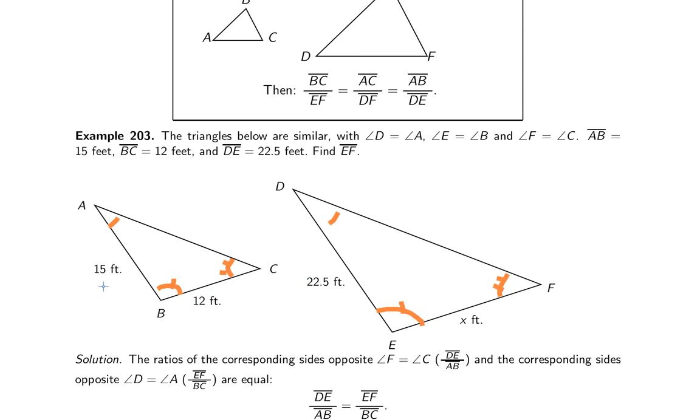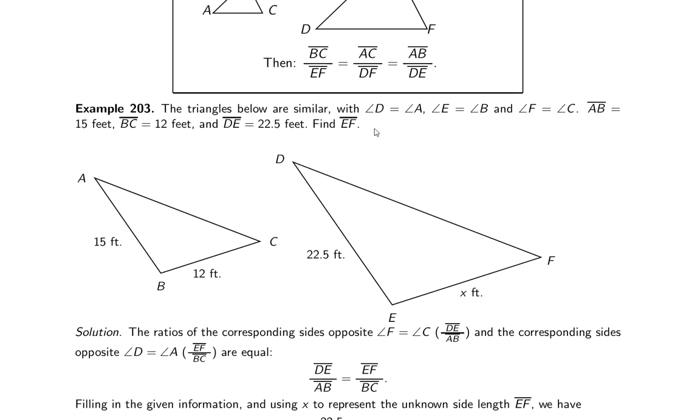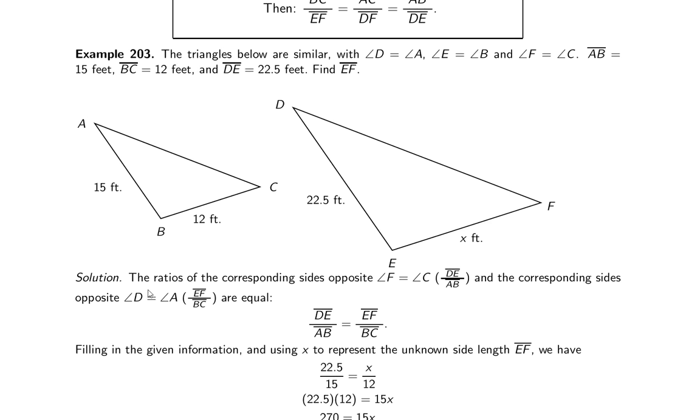So here we could do 15 divided by 22.5 has to equal 12 divided by x. So that's putting the first triangle on top.